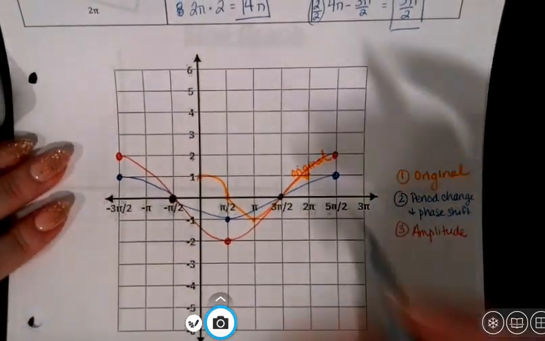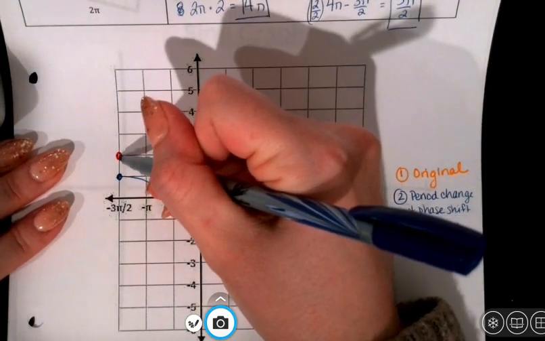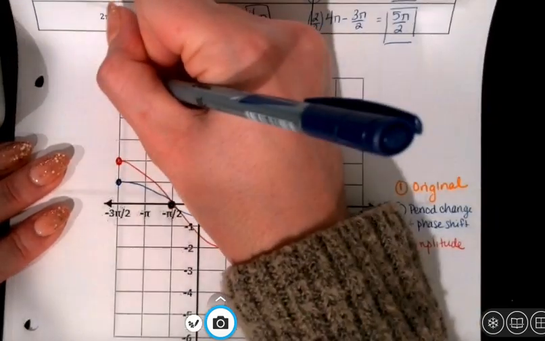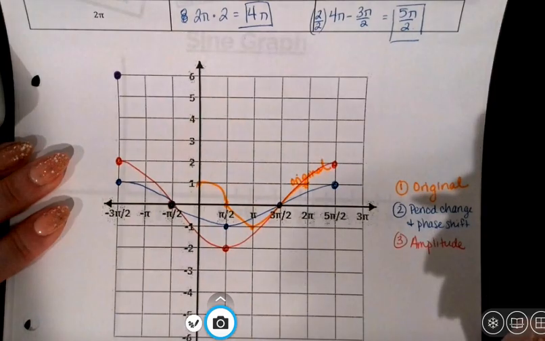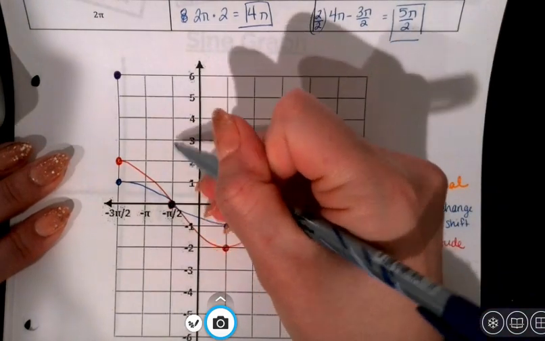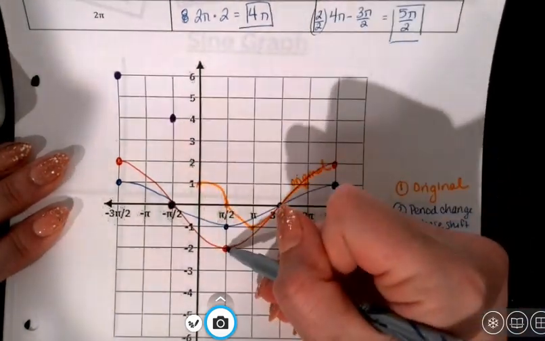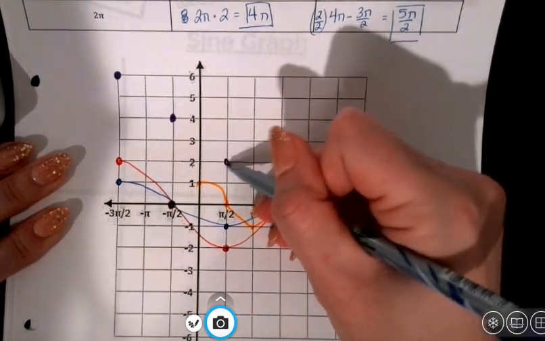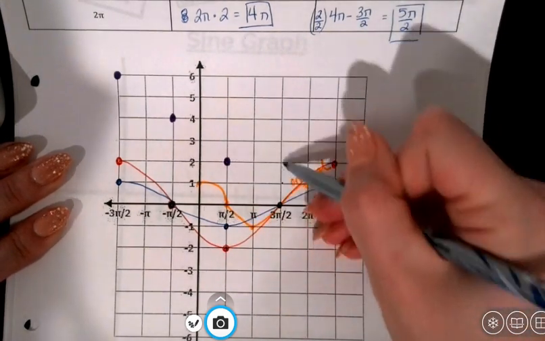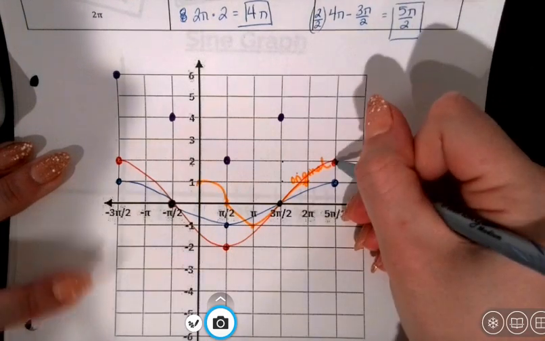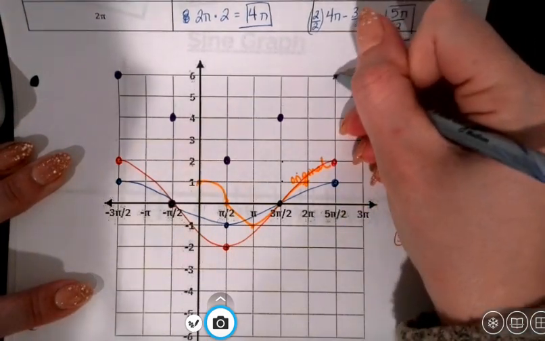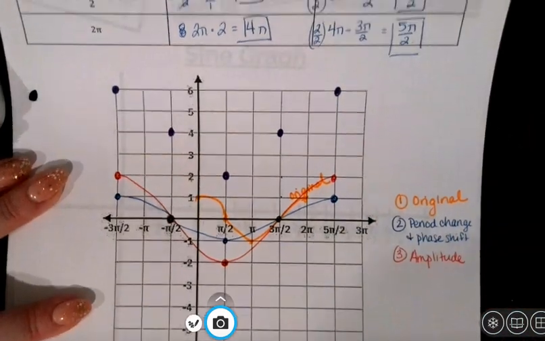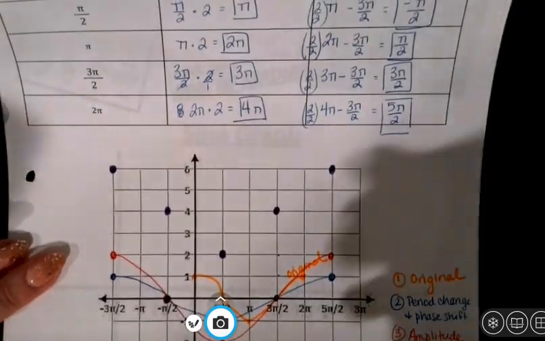So in my red graph, I take every point and I go up 1, 2, 3, 4. This point, 1, 2, 3, 4. This point, 1, 2, 3, 4. 1, 2, 3, 4. And again, I'm only using the red one because it is my most recent. Okay, it doesn't look purple on the camera, but.